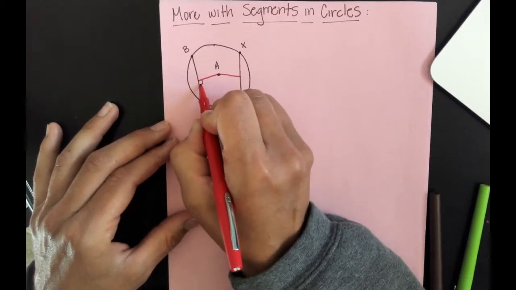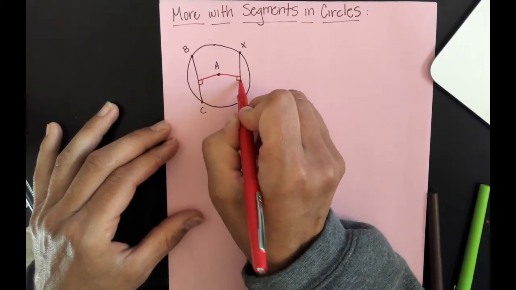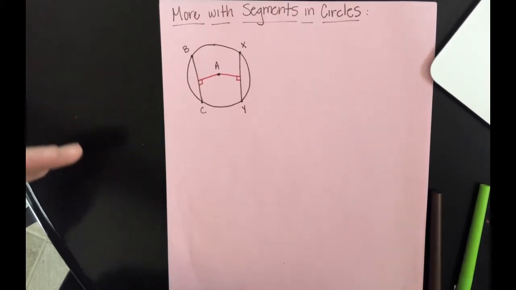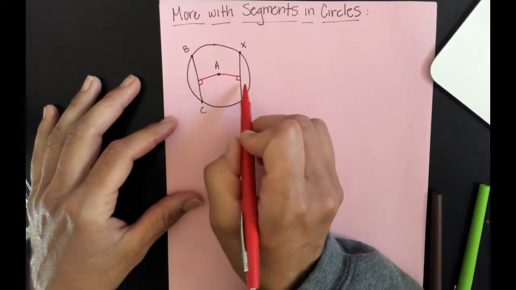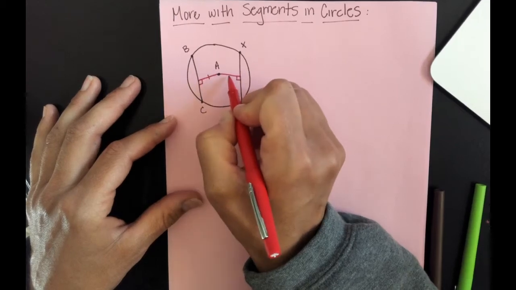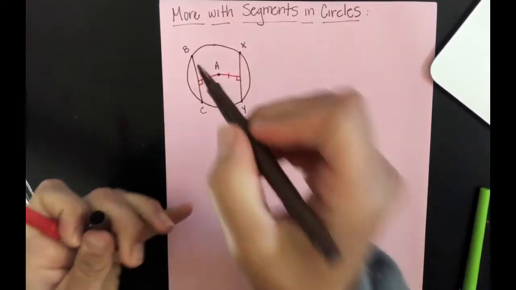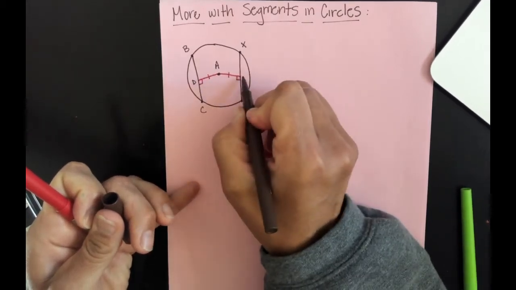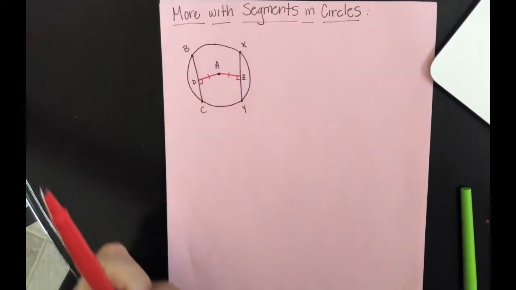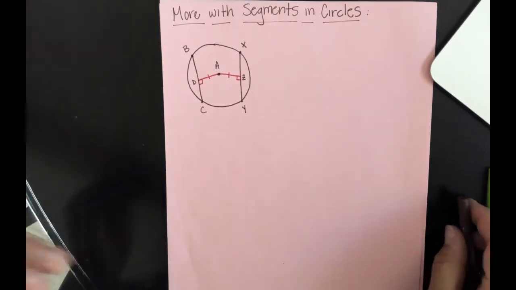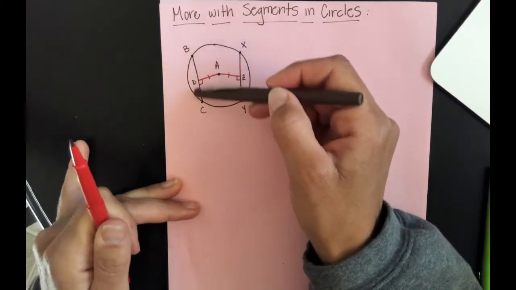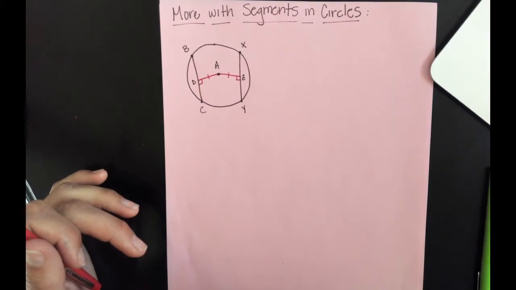And what you're going to notice is that we are also talking about equidistance. We're talking about the fastest path. So if these two segments, AD and AZ, are congruent, what's going to happen is these chords are going to be the same length.